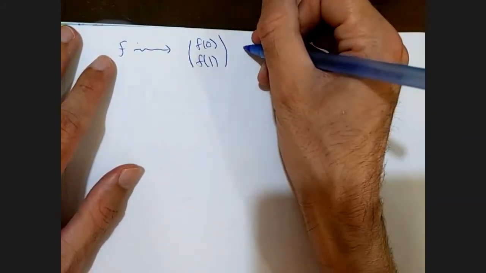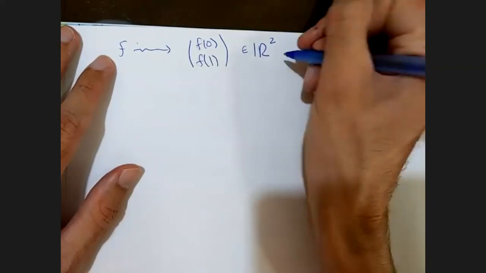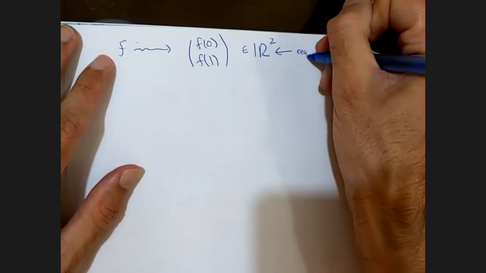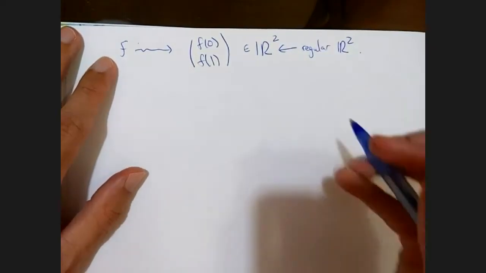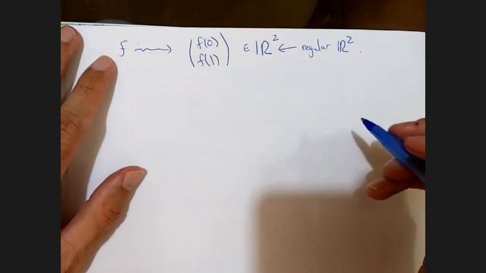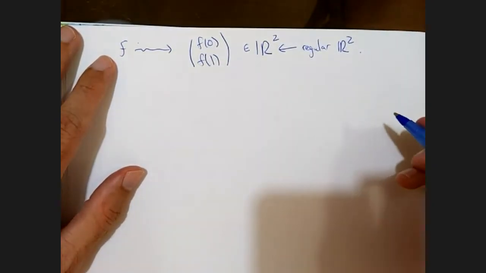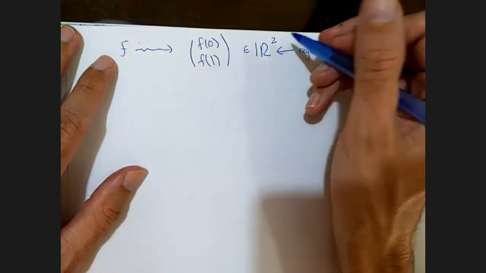And now this is regular R2, the R2 you need in linear algebra. But you can think of a vector in R2 as a function from 0, 1 to R, an element of the set R to the power 2.